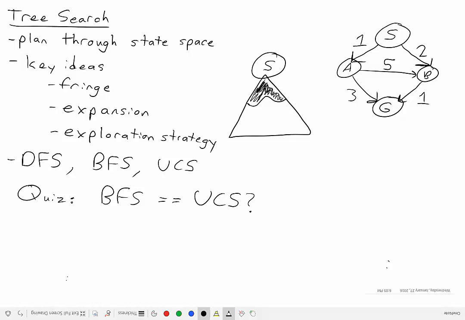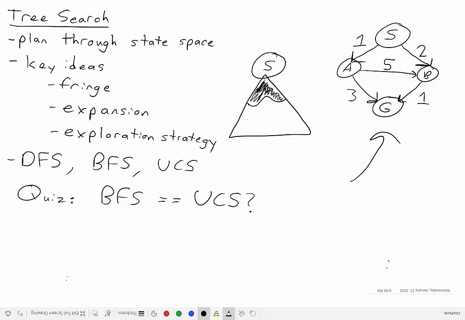What do I mean by that? I mean, can you draw a state graph such that the solutions from BFS and UCS are always the same? You can pause the video, and I'm going to go over the answer right now.